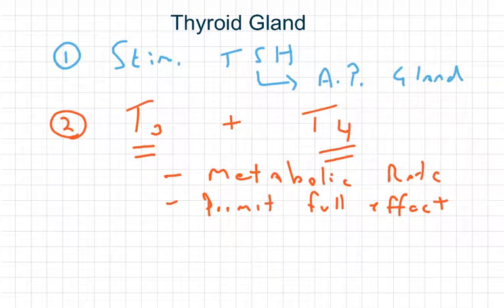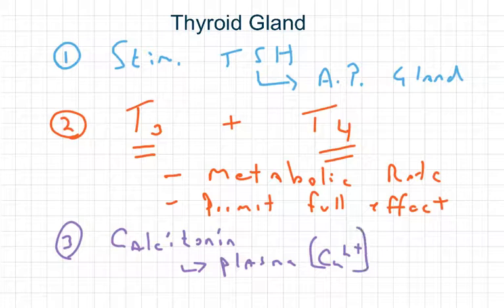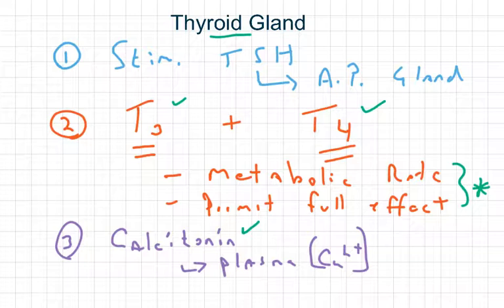Also, the thyroid gland produces the hormone calcitonin, and this is involved with the regulation of plasma calcium levels. So what you need to take away for the thyroid gland is the hormones that it produces, and again, that's T3, T4, and calcitonin. And what you need to know is the effects of T3 and T4 on the body.